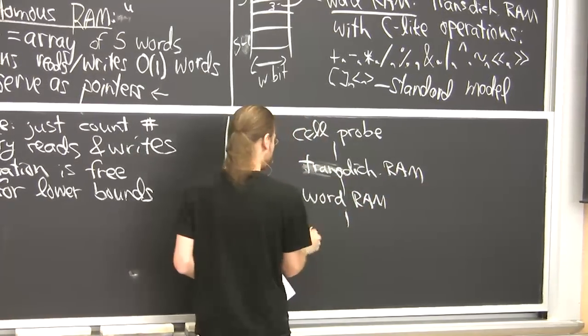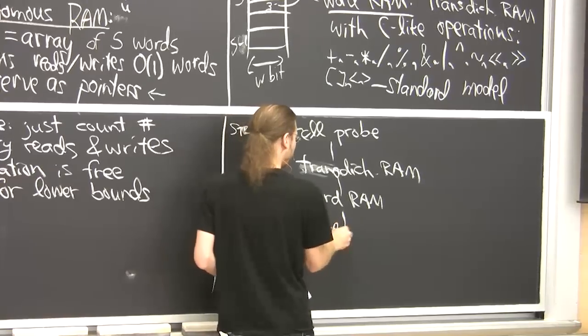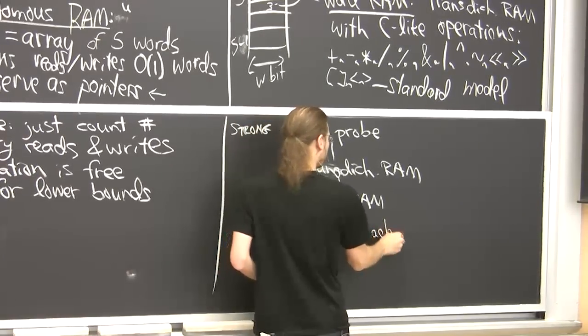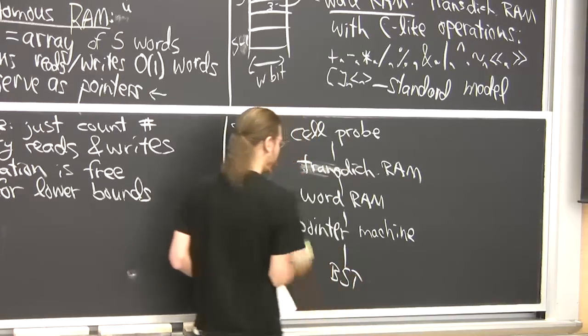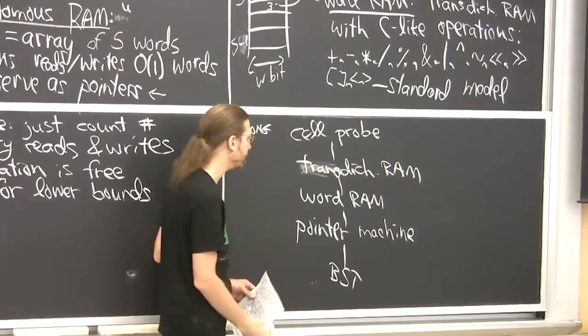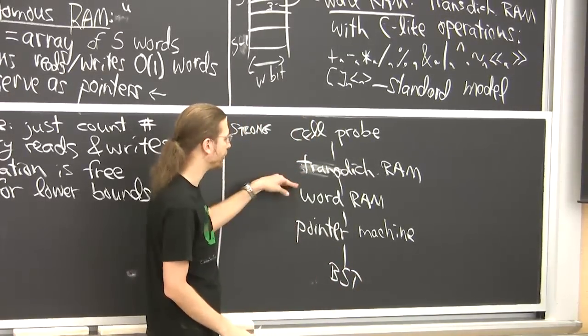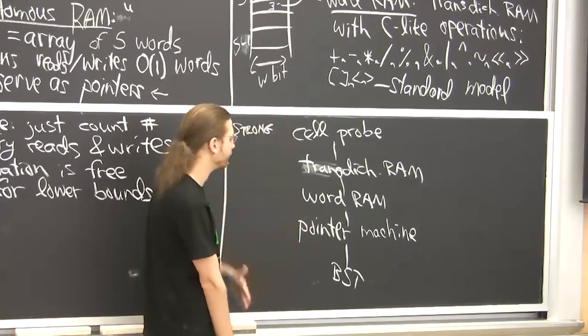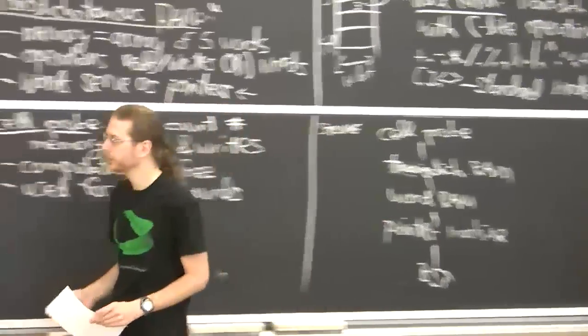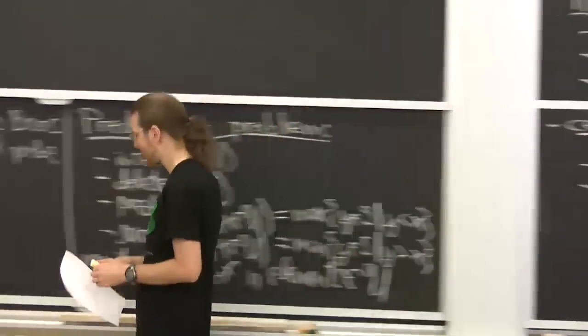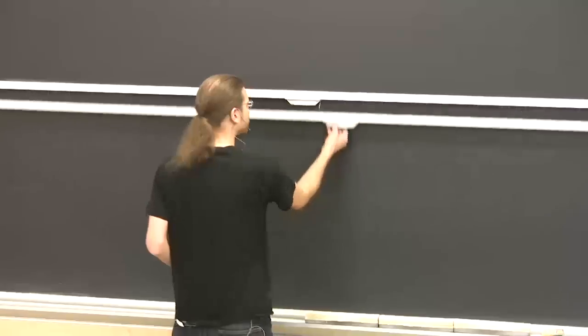Then, just to fit in context what we've been doing, below that is pointer machine, and below that would be binary search tree. As mentioned before, pointer machine is more powerful than binary search tree. And of course, we can implement a pointer machine on a word RAM. So we have these relations. There are, of course, other models, but this is a quick picture of the models we've seen so far.